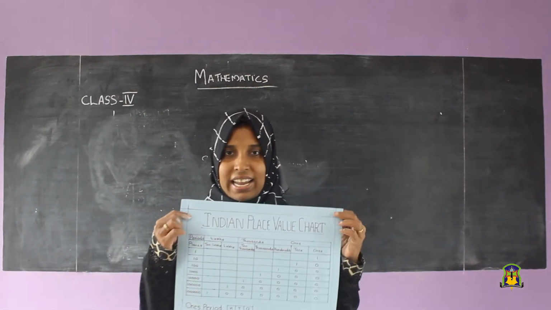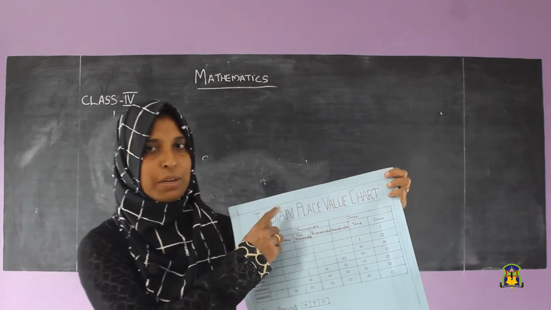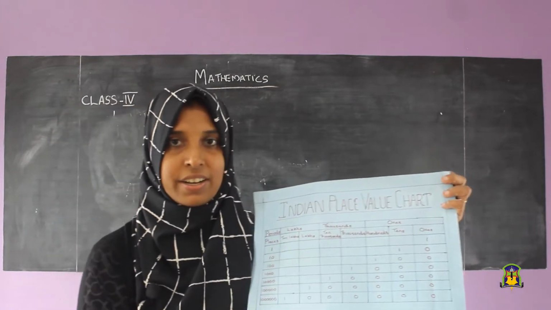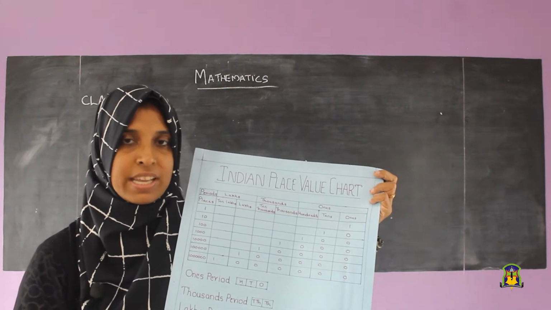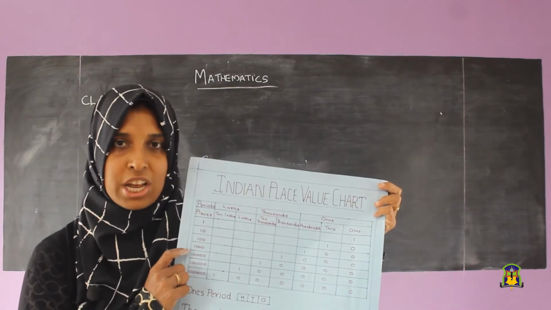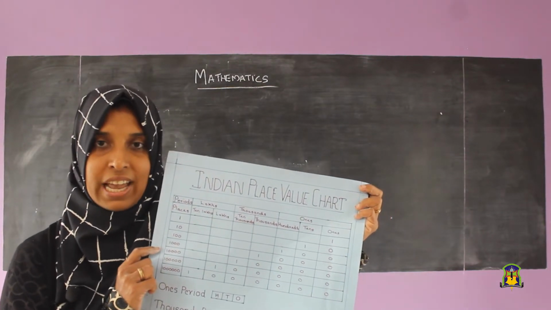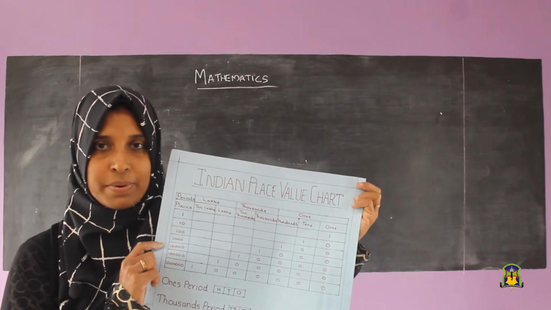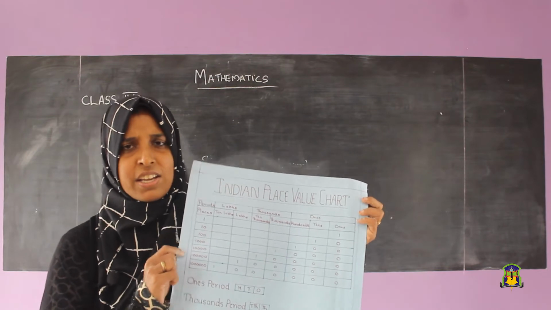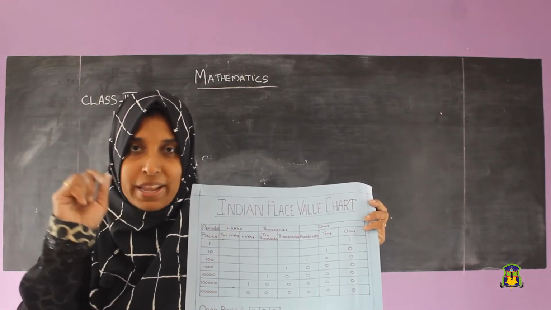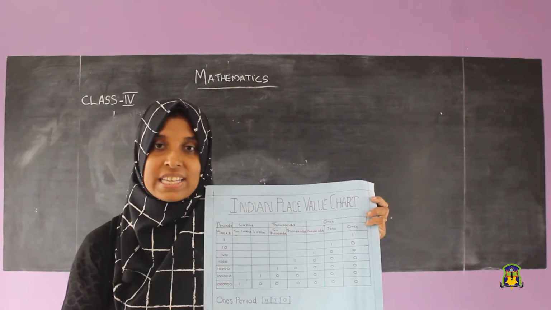I have the Indian place value chart here. We are using this place value chart for reading and writing large numbers, that is numbers up to 7 digits. We already learned 7 places. Which are the places?